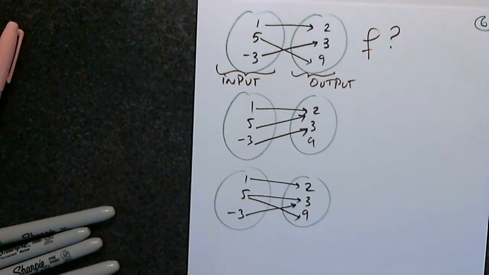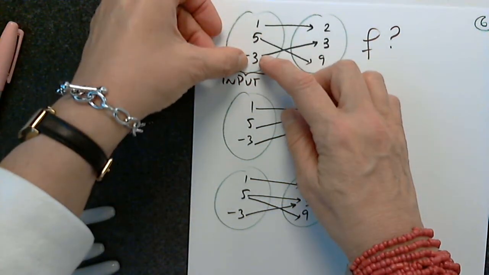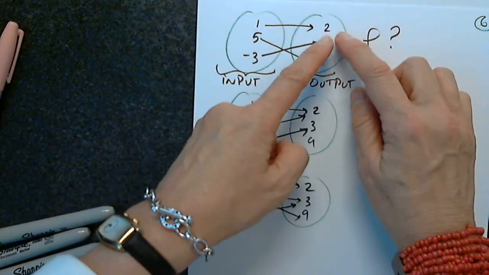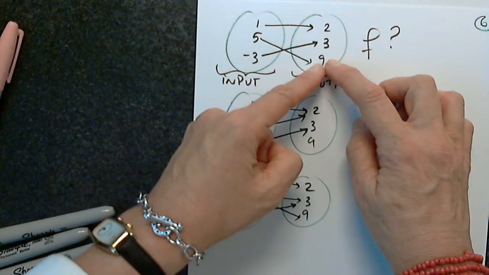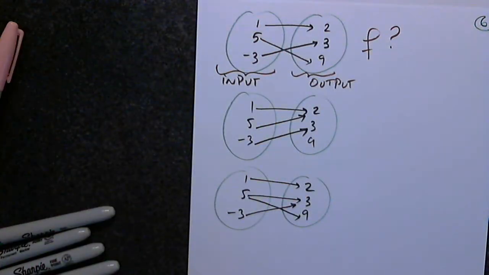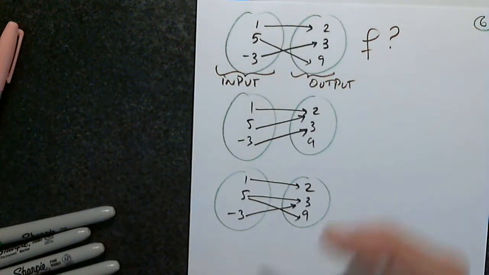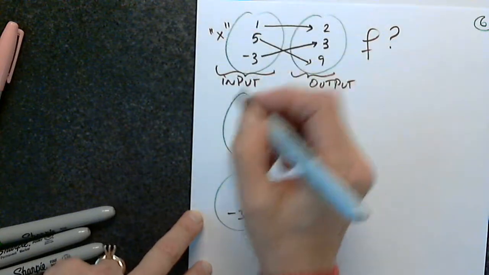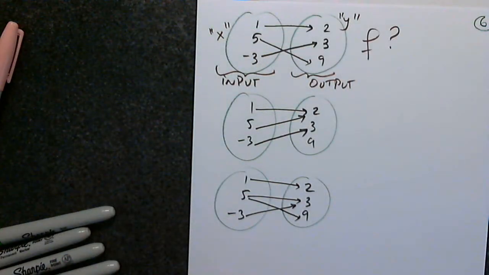So let's refresh our memory on the definition of a function. If for each input I get only one, not more than one, exactly one output, then this is a function. Each x value corresponds to only one y value. The input is also called x, and the output is also called y.